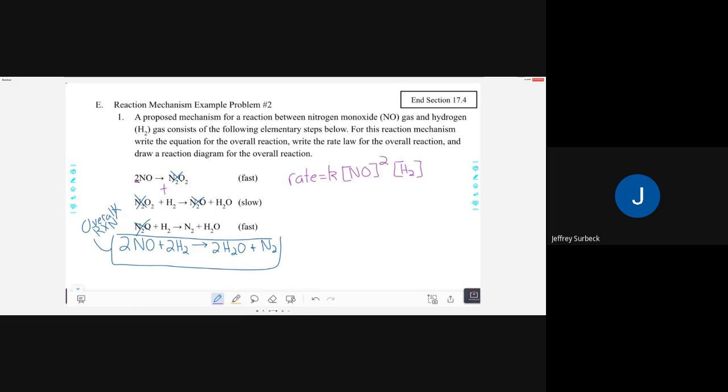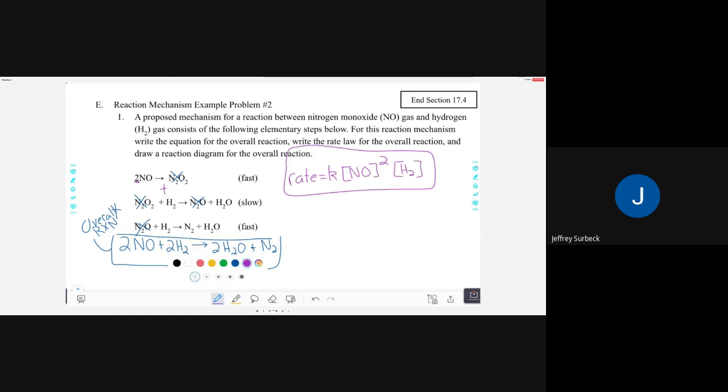It's crossed out, number 1, and it's an intermediate in those set of steps. The other thing is this. If you look at our final equation, N2O2 has nothing to do with our final equation. So it's another check or verification that, hey, this is in fact possible or true.